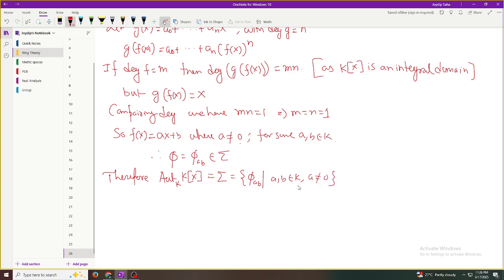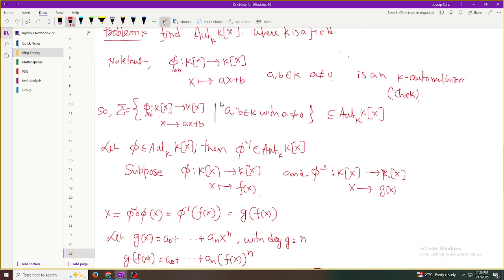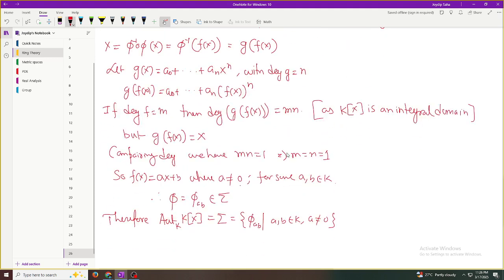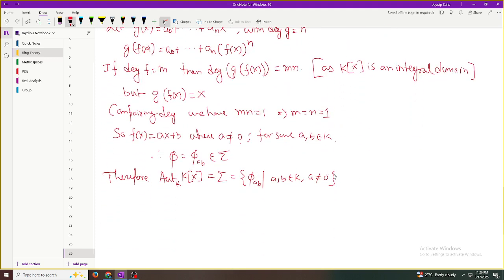I have defined what phi_{ab} is, so I am not writing it in elaborate way. Okay, so this is again a classification of automorphisms of one variable. Now the question is getting much harder if I take k[x,y].